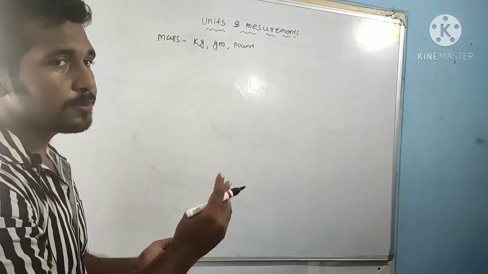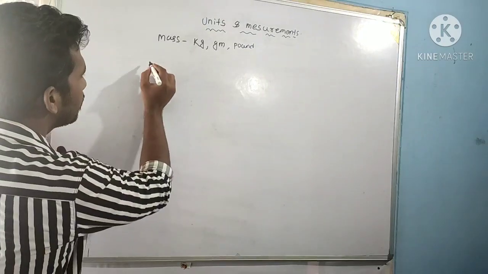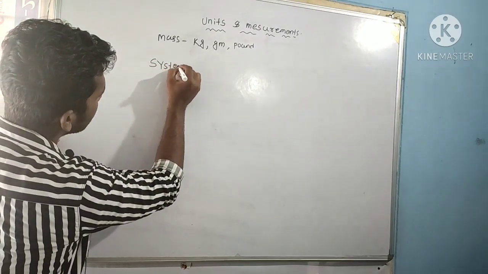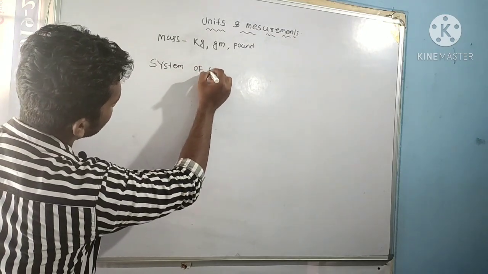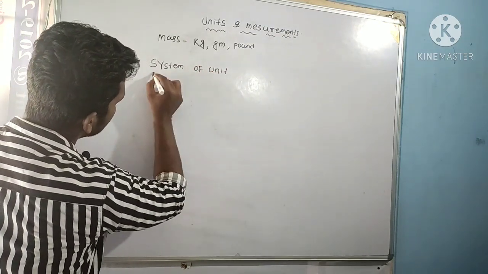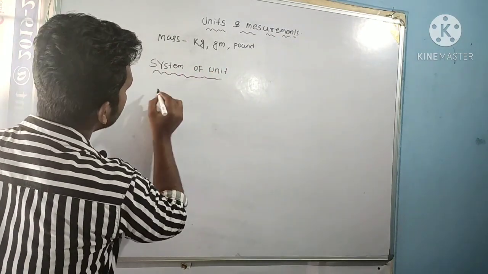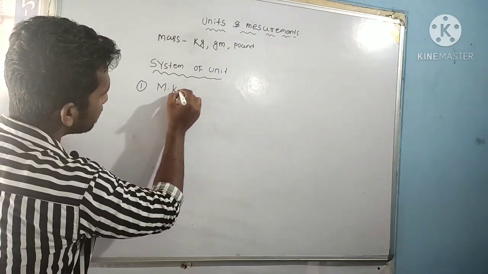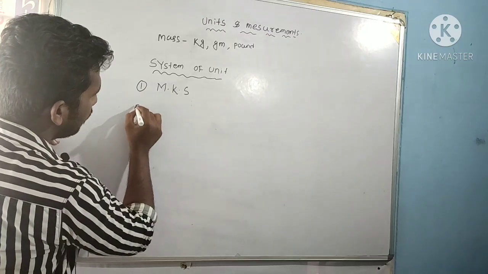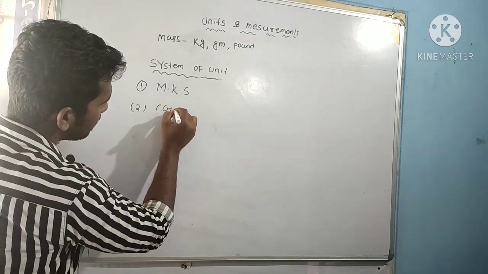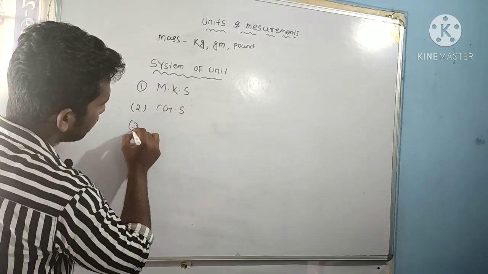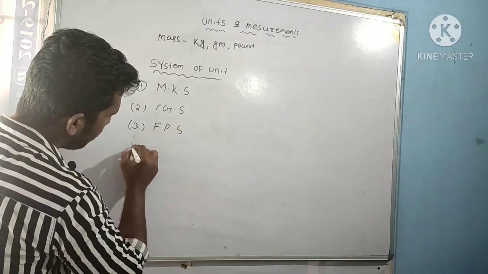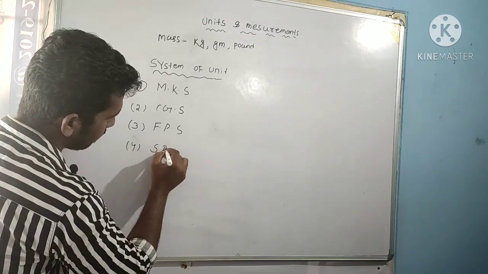One is the MKS system, 2 CGS system, 3 FPS system, 4 SI system.